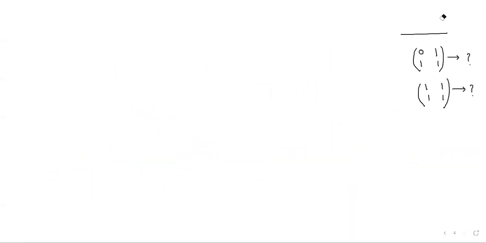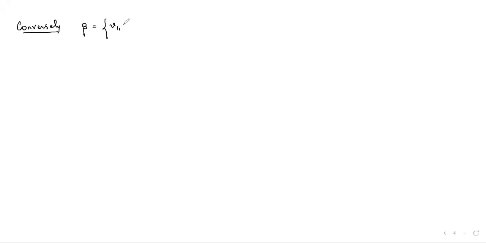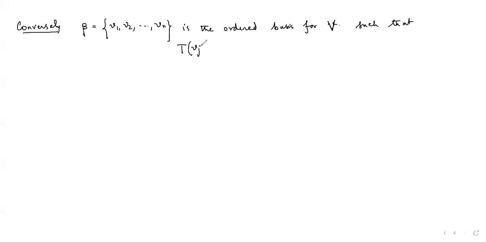Now, conversely, say beta is an ordered basis for V such that the transformation T of Vj is equal to lambda j Vj, and this type of transformation exists for all scalars lambda 1, lambda 2, lambda n.